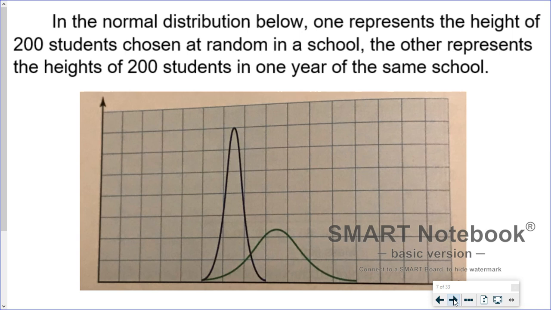So obviously, 200 students from one year at the same school would be significantly less spread out than 200 students from an entire school. Right? Students in the same grade tend to be closer in height than students spread out across multiple grades.